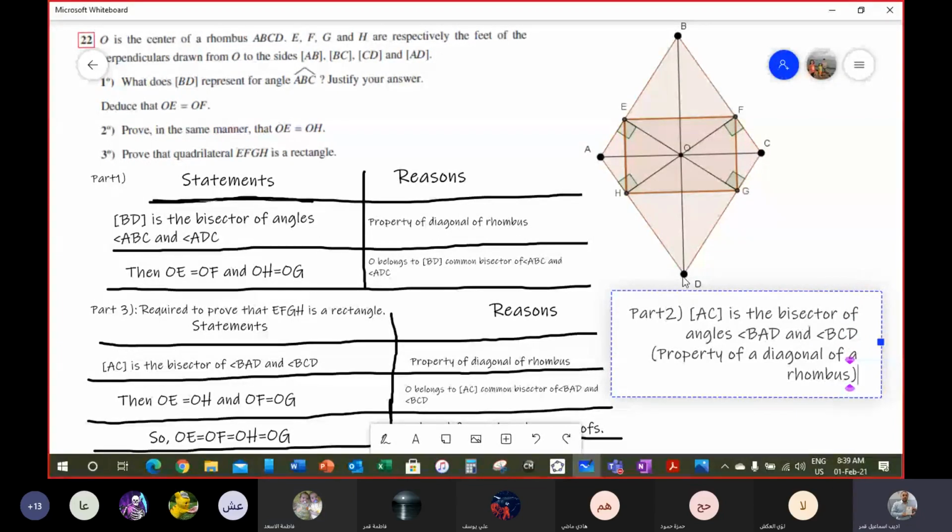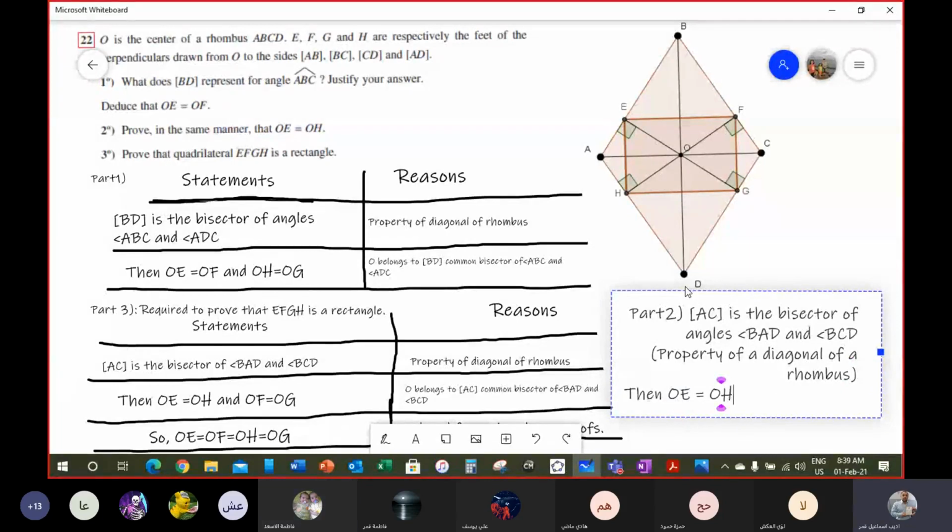AC is a diagonal of rhombus ABCD, so it is the bisector of angle BAD and the bisector of angle BCD. Then OE equal to OH.